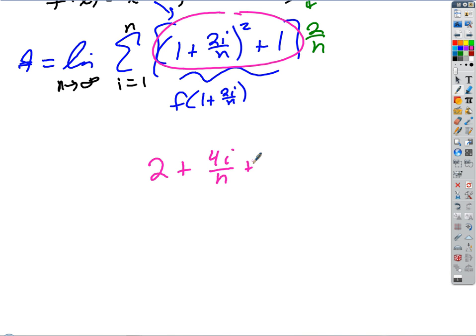Plus 4i squared over n squared. That's just like a plus b squared, so I get a squared plus 2ab plus b squared. Does that make sense? Okay. And then we added the 1 to the 1. So there's all that stuff.